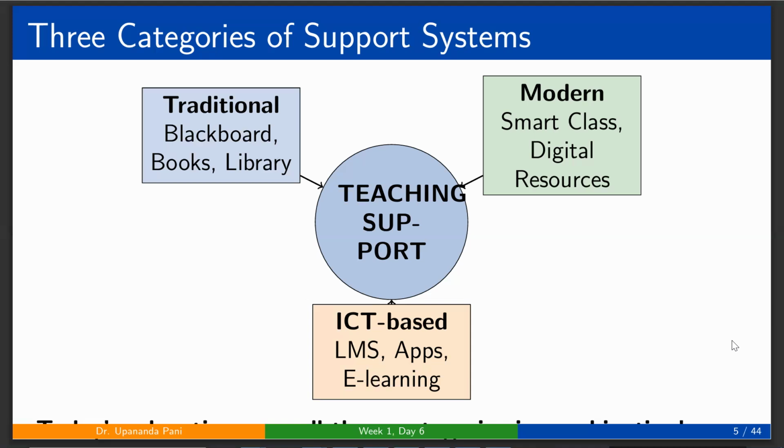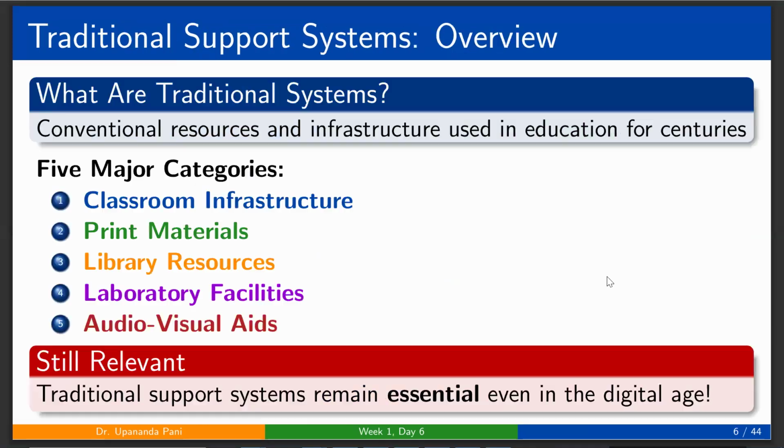Modern support system means smart classroom. You all have seen the smart classrooms which are there in our colleges. Then digital resources. Then ICT based, basically LMS, apps, e-learning platforms. So teaching support includes all of this, right? So there are basically three categories of support system. Please note it down. Now we'll review in depth one by one.